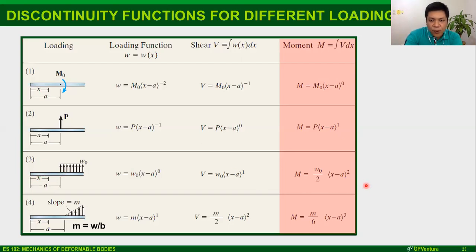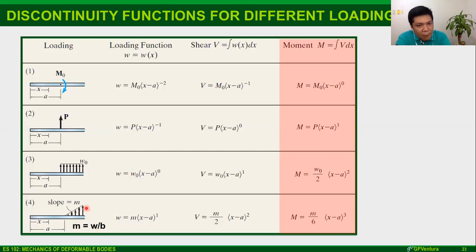Then the last type of load, yes, it's the last. There are no other types of loads that we will be dealing with. We will only be dealing with up to a triangular distributed load or linearly varying distributed load. For example, I have a linearly varying load, a triangular load over here. The moment function is equal to m over 6. Now, what is m over 6? Please remember, m is not equal to the intensity. M is equal to the slope. So, m is equal to omega over b.